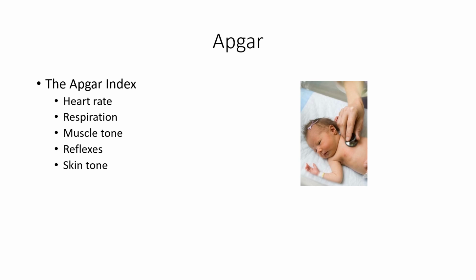So a 10 is the best, a 0 is the worst. Most babies score in the range of 7 to 8 on the first time. Ones that are below that, there's concern. Ones that are below 5, there's a lot of concern. Okay, let's watch this video.